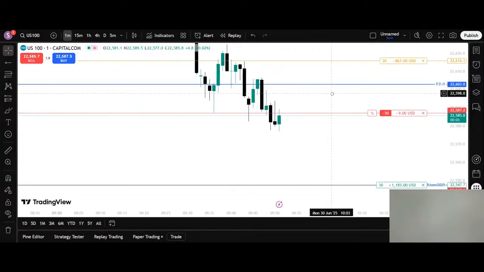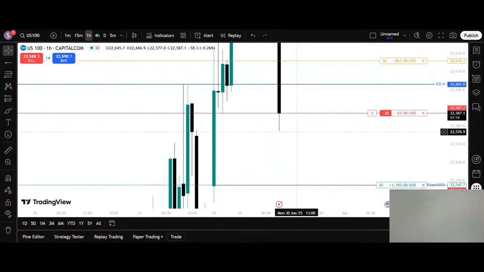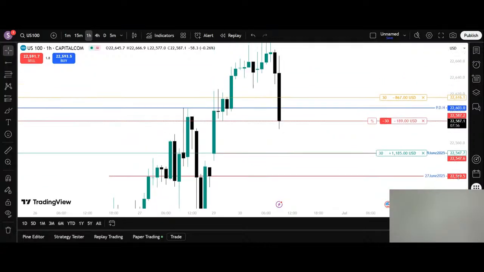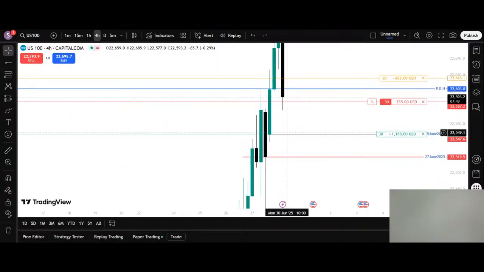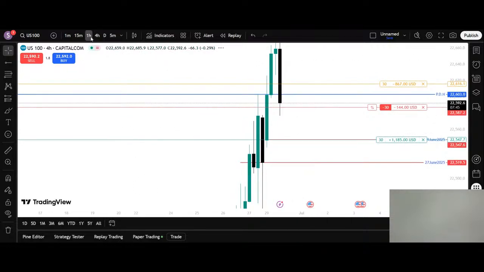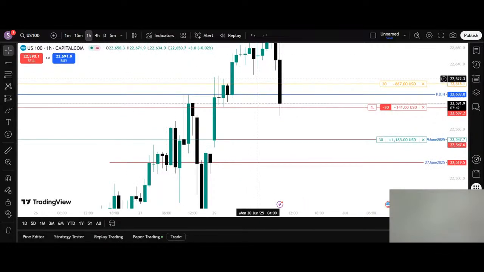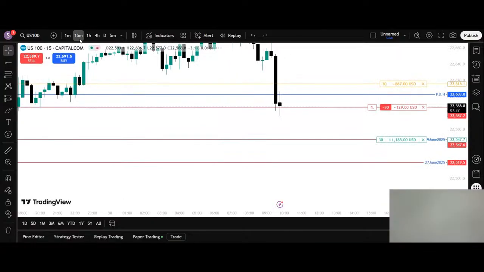Now all we have to do is wait for it. But I waited for the 1 hour close. I think the chances of it hitting this are very high. The 1 hour will also close in around 7 minutes.